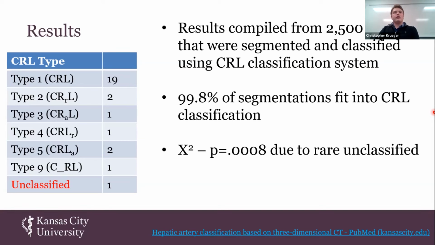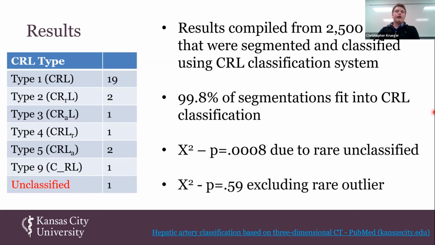This makes sense because according to the study, only 0.2% of segmentations should be unclassified, and the fact that I found one in my relatively small sample size, it makes sense that my p-value was so significant. I also ran the chi-square again without the outlier to see if my other data followed normal variation patterns, and I got a p-value of 0.59, indicating that they do follow the previously reported variation patterns.